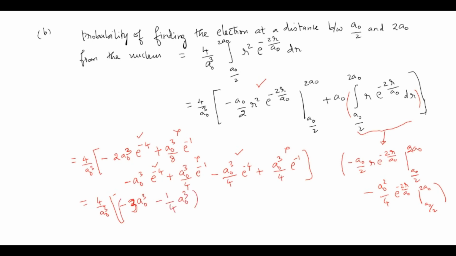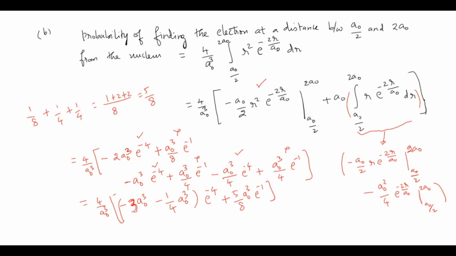So you will get e power minus 4, and e power minus 1 terms, when we combine, you will get 1 by 4, 1 by 4, 1 by 8, and when I take 8 as an LCM, 1 by 8 plus 1 by 4 plus 1 by 4, this is simply 1 plus 2 plus 2, therefore 5 by 8, so it is plus 5 by 8 a naught cube e power minus 1.